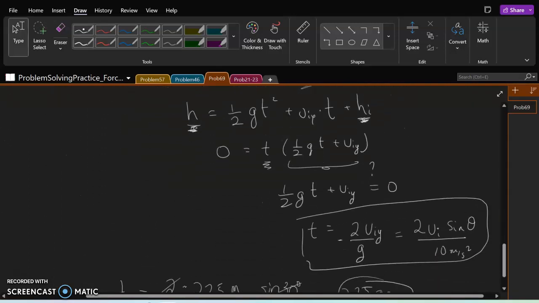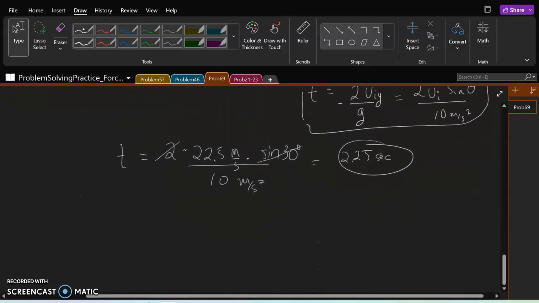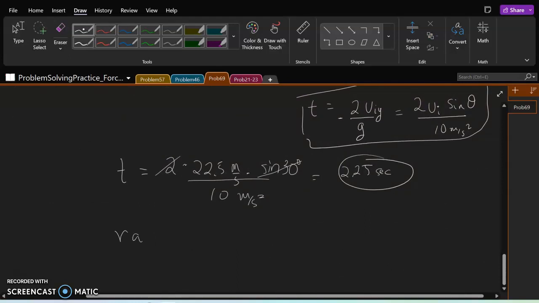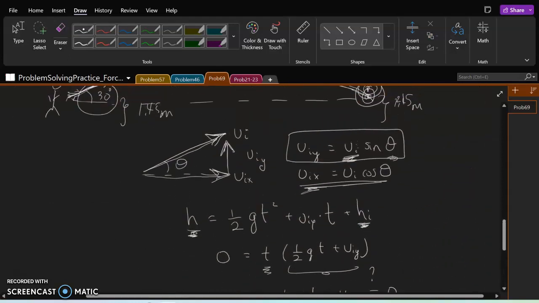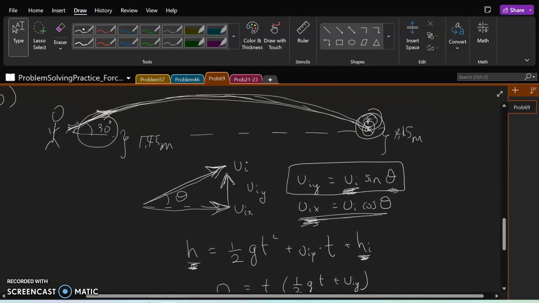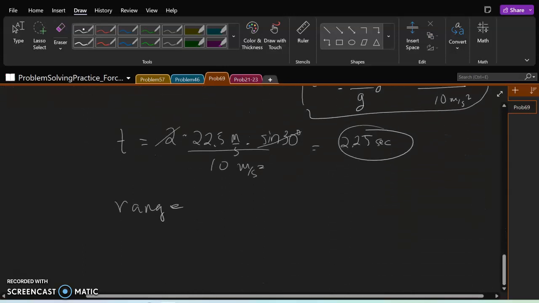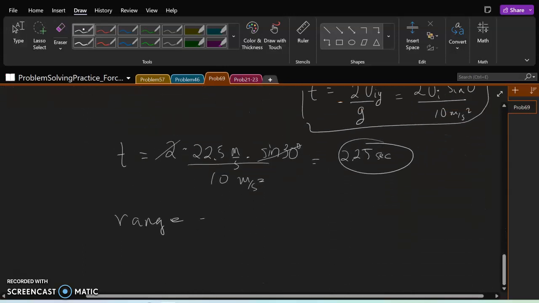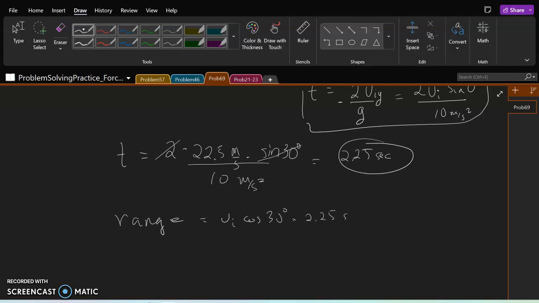So far we're looking pretty good. I need to know the range, which is how far it goes. It's going to be the speed times that time. So here I have v_i times the cosine of 30 degrees, times the 2.25 seconds.